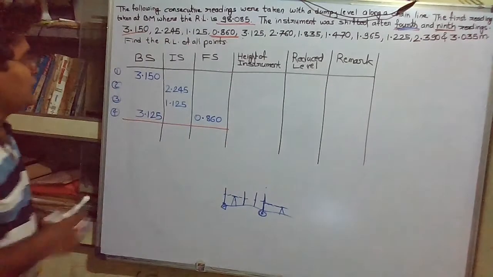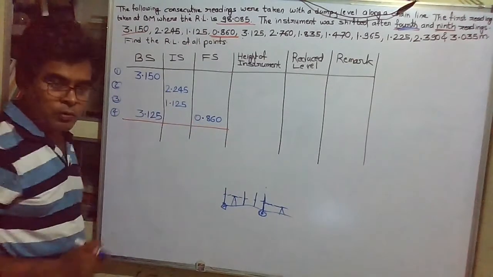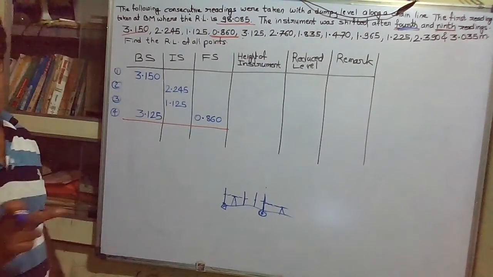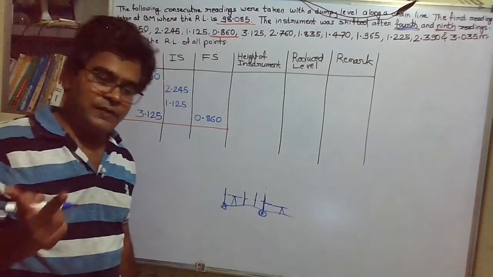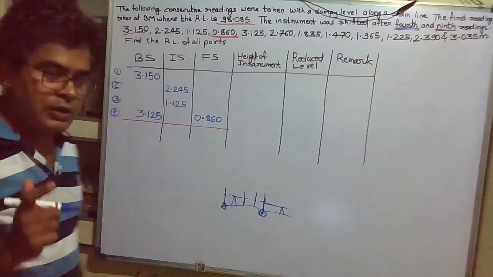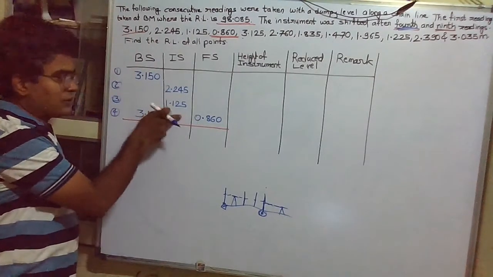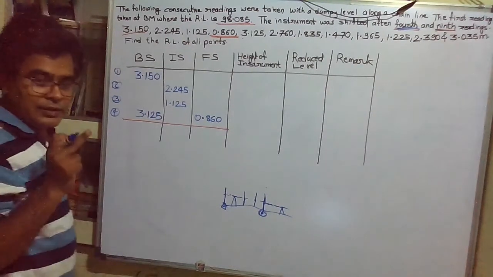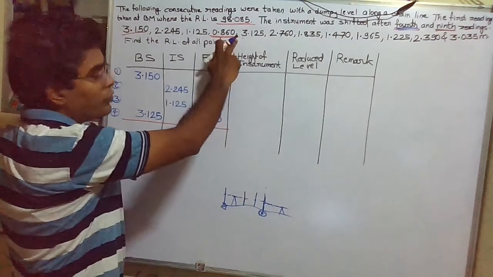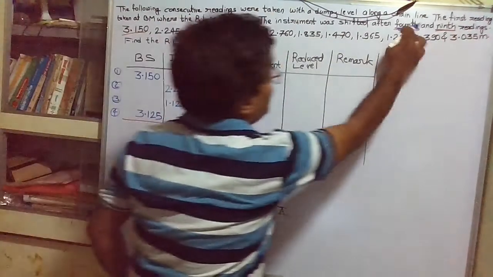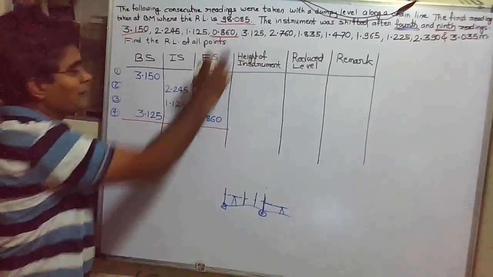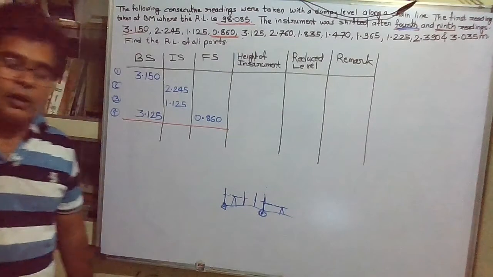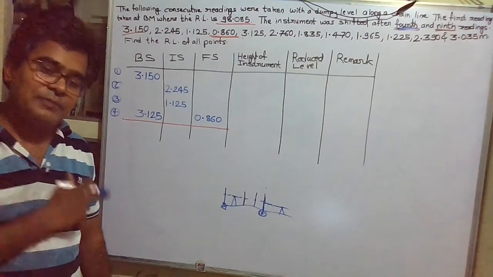Got it? Here each reading we have written in an individual row, but only in the row after which we have shifted the instrument, two readings are coming. Always keep in mind, this is a very important step. Whenever we shift the instrument, we have to write the reading before shifting the instrument. After the fourth reading the instrument is shifted, so the fourth reading will be the foresight, and after shifting the instrument we always take a reading at the same staff point.